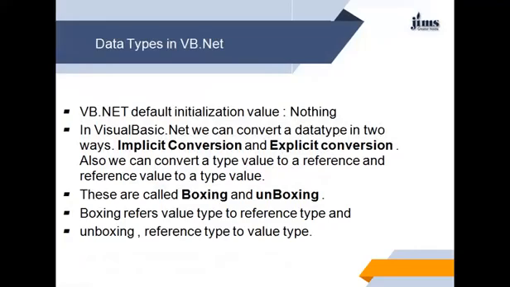Converting a value type to a reference type is called boxing, and converting a reference type to a value type is called unboxing. Boxing and unboxing are two important topics.